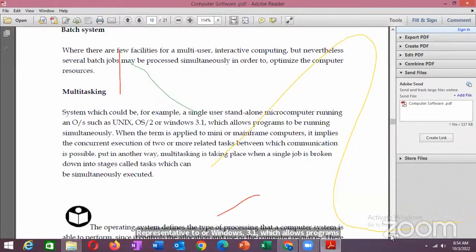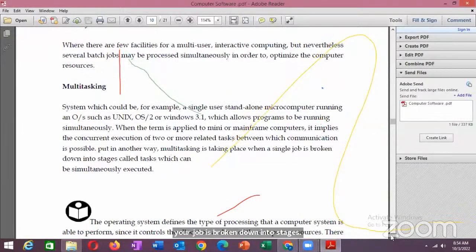When the term is applied to mini or mainframe computers, it implies the concurrent execution of two or more related tasks between which communication is possible. Put in another way, multitasking is taking place when a single job is broken down into stages called tasks, which can be simultaneously executed.